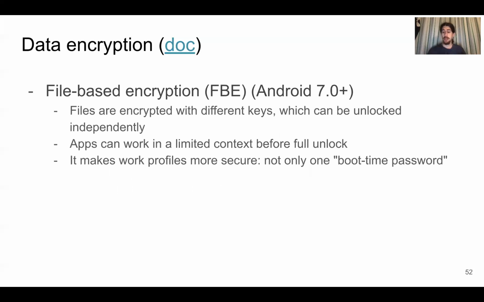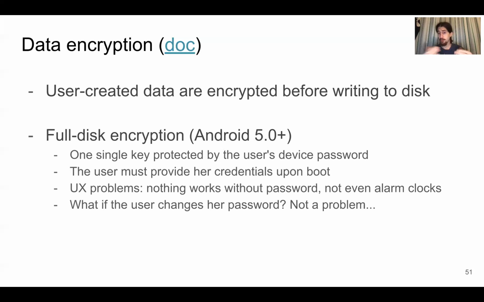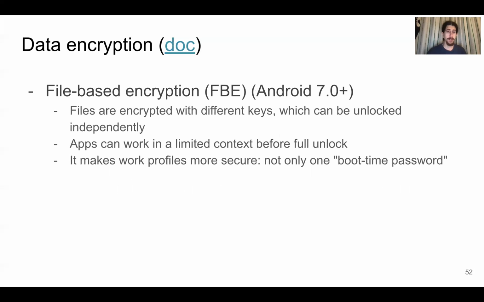Moving on from full disk encryption, which had some problems, for example, the alarm clock, so you miss phone calls and so forth, we moved on to file-based encryption. In file-based encryption, files are encrypted with different keys, and each of these keys can be unlocked independently. So the idea is that apps can work in a limited context before being fully unlocked.